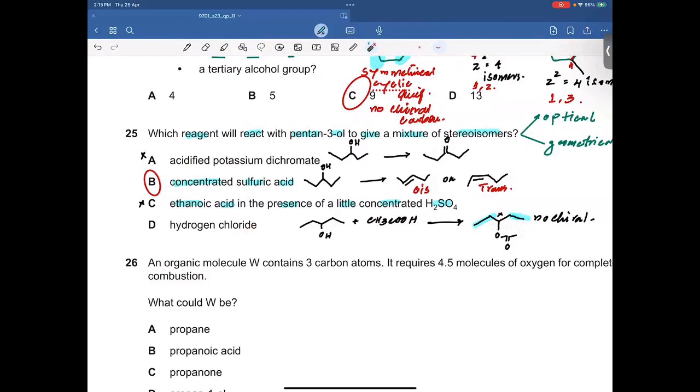Why? Because let me write it. This is OH. When it is treated with HCl, OH has gone, but this group and this group are the same, which means it has no chiral carbon atom.